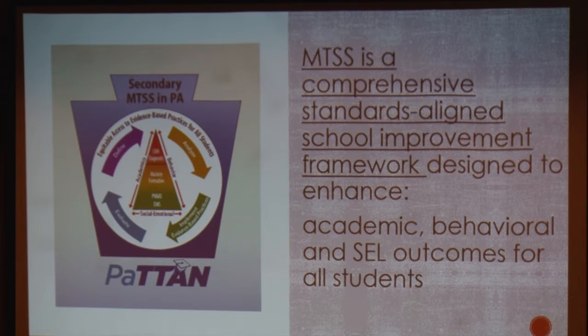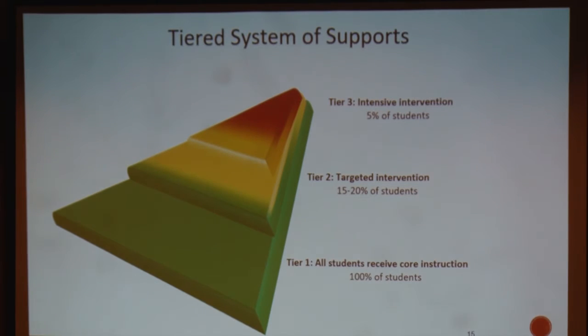So MTSS, we know that's a comprehensive framework to support students in academics and behavior and that social emotional learning, and SIM employs all of those areas as well. So it is a nice fit in an MTSS framework. We know we've got our triangle for tiered supports, and when we think about, well, where would SIM fit in the triangle to support students?